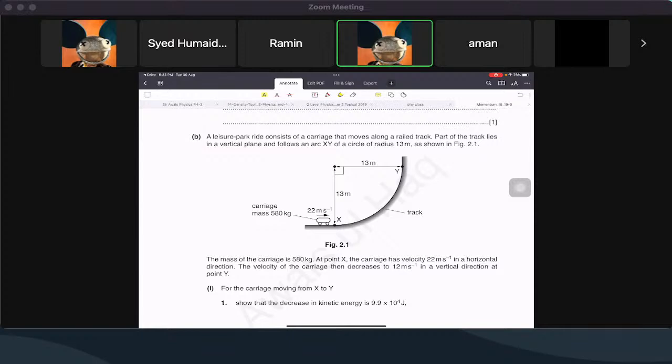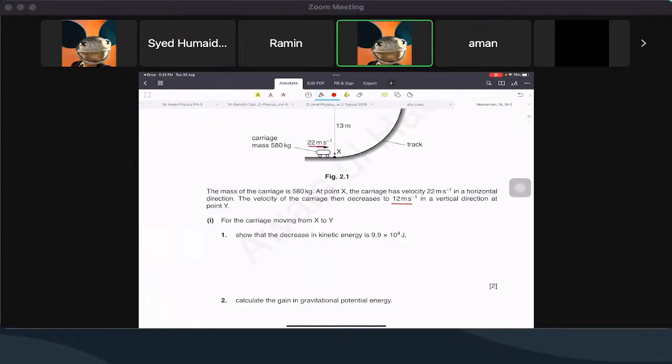At this point it has a velocity of 22, and at this point it has a velocity of 12. So kinetic energy initial is going to be half times 580, that's the mass, times 22 squared.